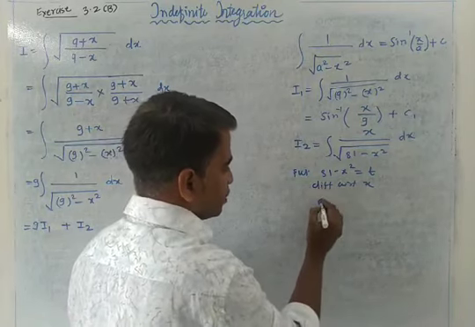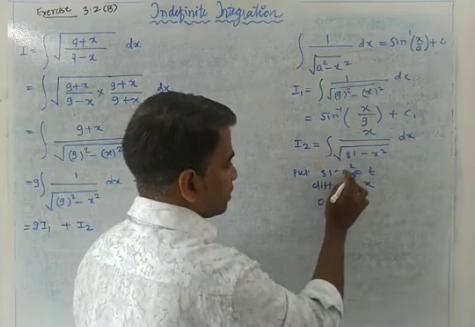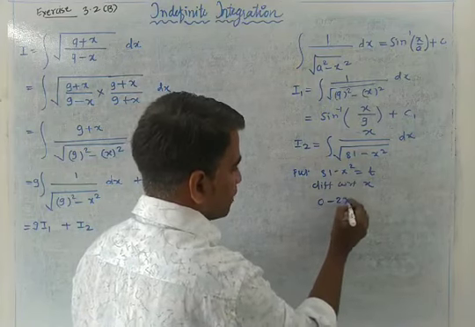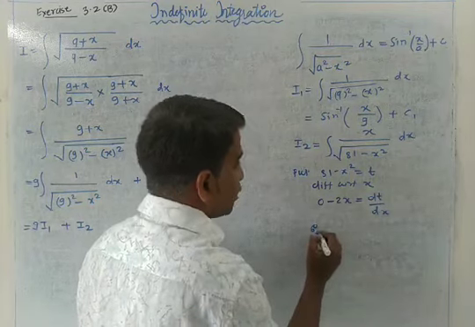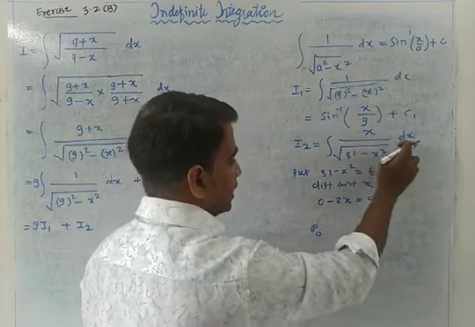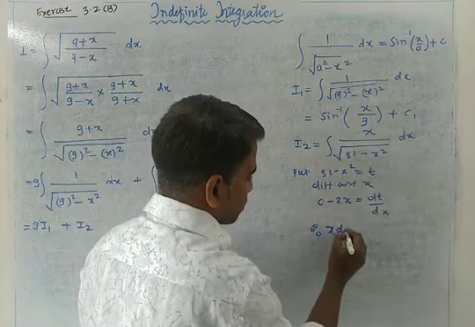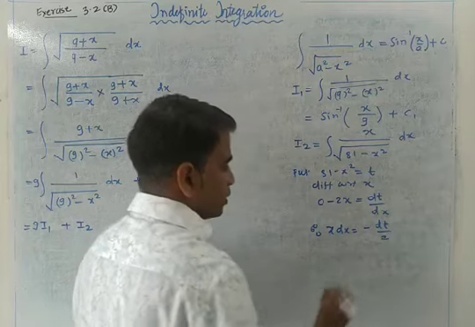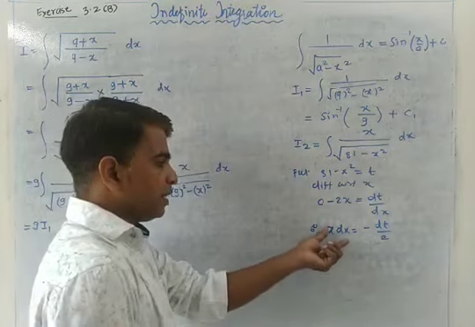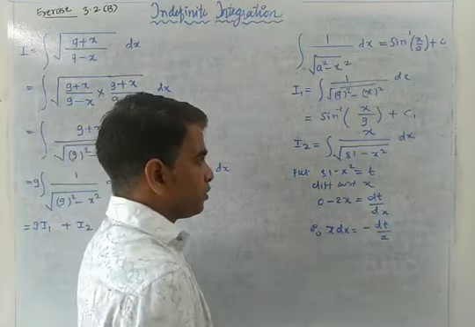Derivative of 81 is 0. Derivative of x square is 2x, but it is minus, so it is minus 2x. Derivative of t is dt by dx. But in the numerator we have x dx, so we take x dx together and minus dt upon 2 on the opposite side. So automatically the numerator will change to minus dt by 2.